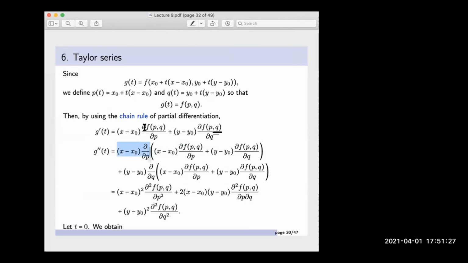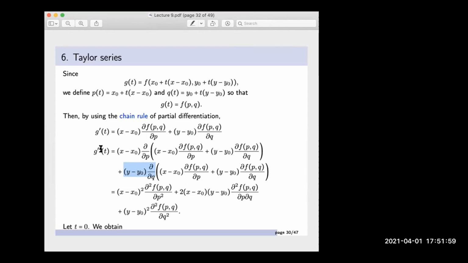So the first term here is simply applying this operation to f. And the second term here is applying this operation to f. If you apply this operation to f, you get the second term. So if you take the derivative in t, it's equivalent to applying the two operations to f.